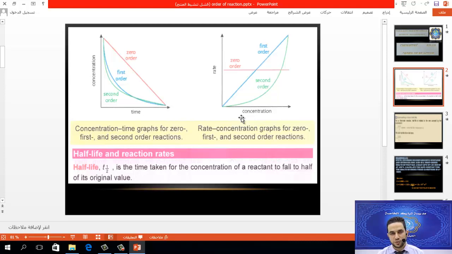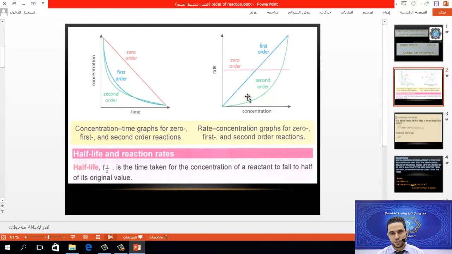Like the first order reaction, it will be a straight line, which is in blue. The second order reaction also is directly proportional, but the increase is irregular. How? If we double the concentration of reactant, what will happen to the rate of reaction?